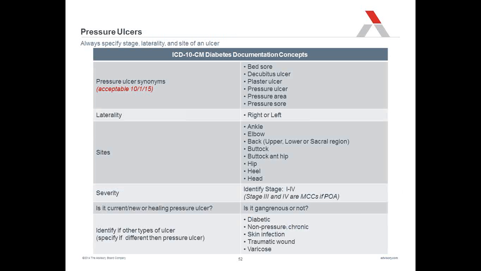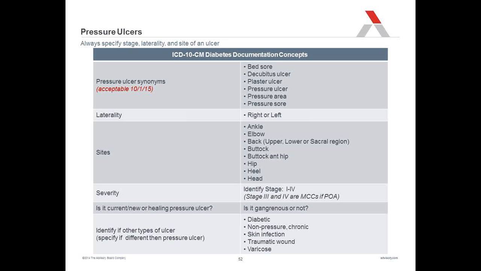Pressure ulcers are very important, and it's also important to specify the stage, the laterality, and the site of an ulcer. As you can see now, in ICD-10, when it goes into effect, hopefully on October 1 of '15, there are a number of synonyms that will be used to identify pressure ulcers, and you can see those here on the right-hand side of your screen.